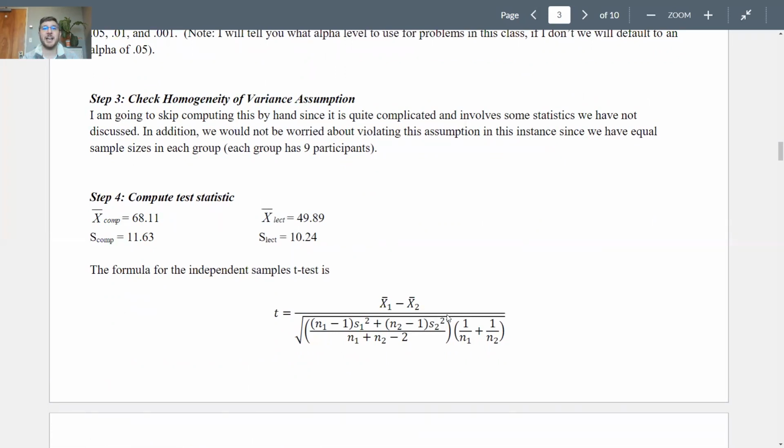Since we have equal sample sizes in each group, we're typically not worried about violating this assumption. That's really one way you can get around the assumption of homogeneity of variance, is just to have equal sample sizes in each group. When you do have equal sample sizes, violating this assumption isn't severe.